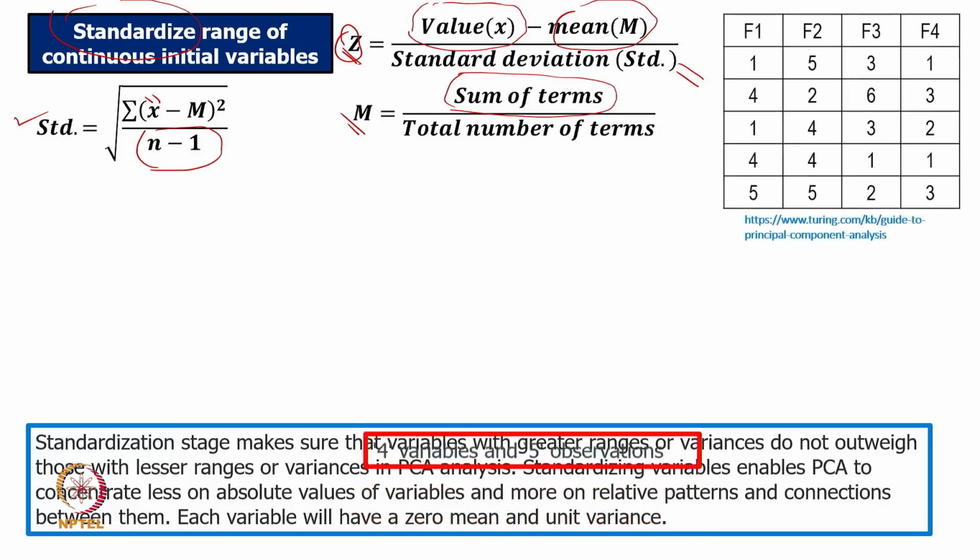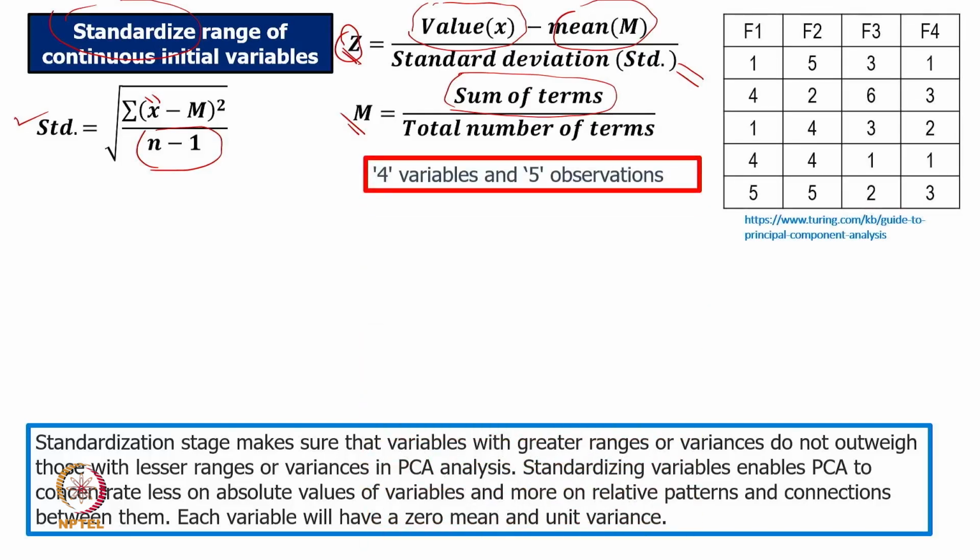Now, let us take one example. We have picked up this table from the literature, or online from a site, and you can see there are 4 factors, which is why we are choosing 4 variables here, and 1, 2, 3, 4, 5, so there are 5 observations. Now, observations can be many and variables much fewer.